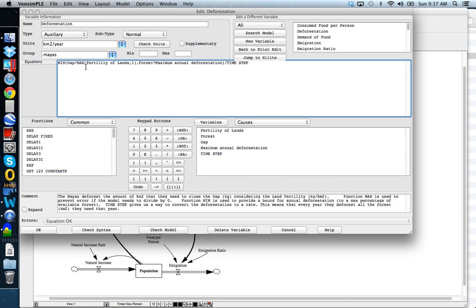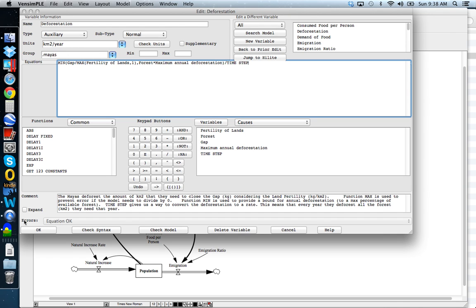If you compare those two, what you're saying is that the Mayas deforested the minimum they needed to produce the food that they required. Then you divide that by the time step, which in this case is a year, to convert that to a rate of deforestation.